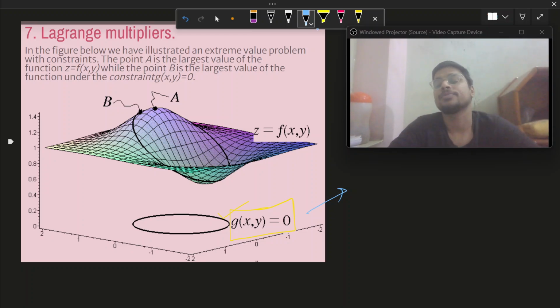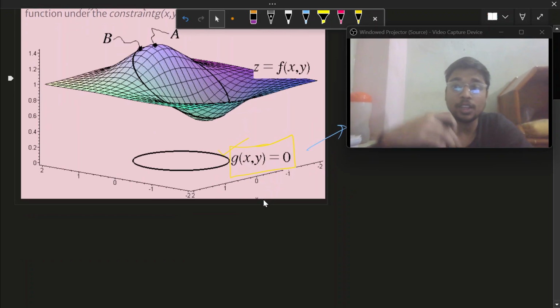That is why we use the Lagrange multiplier, that is why we are using this. I think this is clear to you.